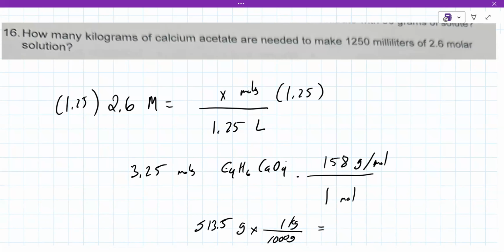So it'd be about 0.514 kilograms. And that is correct. Perfect. All right, try another one here.